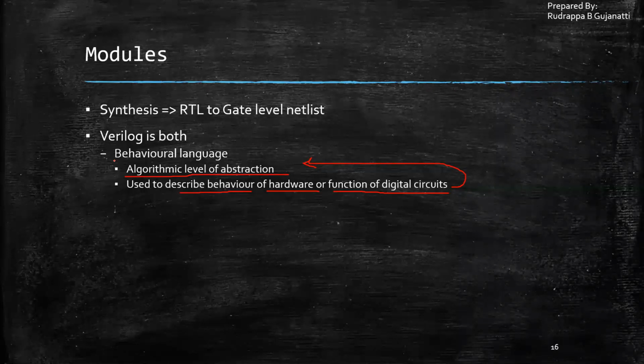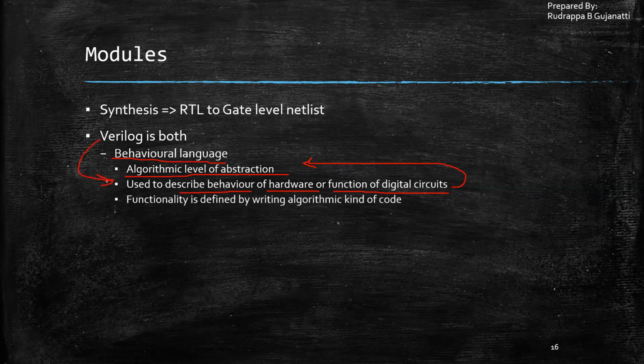So we make use of the behavioral aspect to define how the hardware is behaving, or what the functionality of the digital circuit is. This is permitted in Verilog. That is what it specifies here.